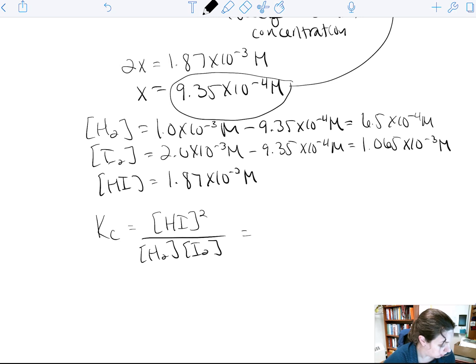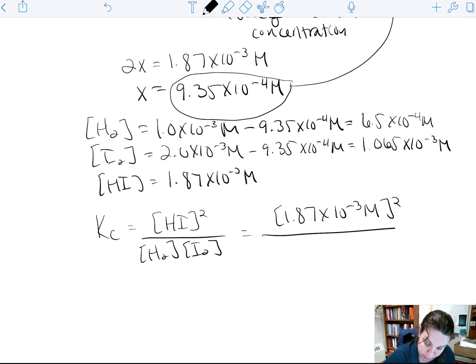So it's going to equal 1.87 times 10 to the negative 3 molar squared divided by 6.5 times 10 to the negative 4 molar times 1.065 times 10 to the negative 3 molar. And when we solve for this, we get a value of 51.